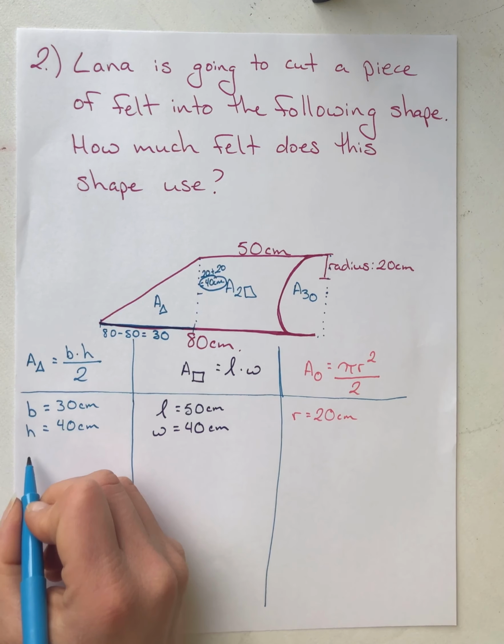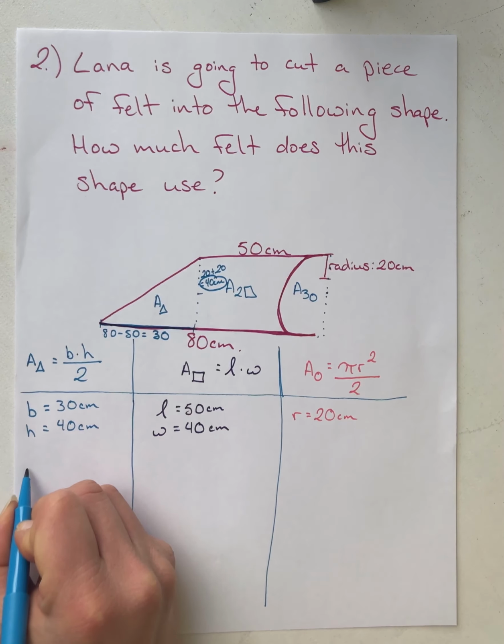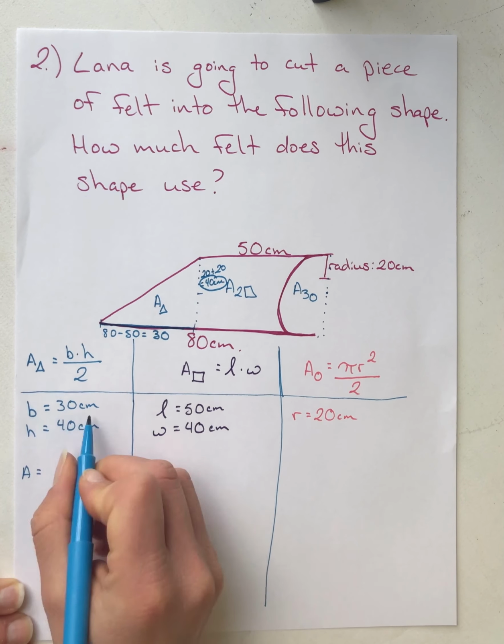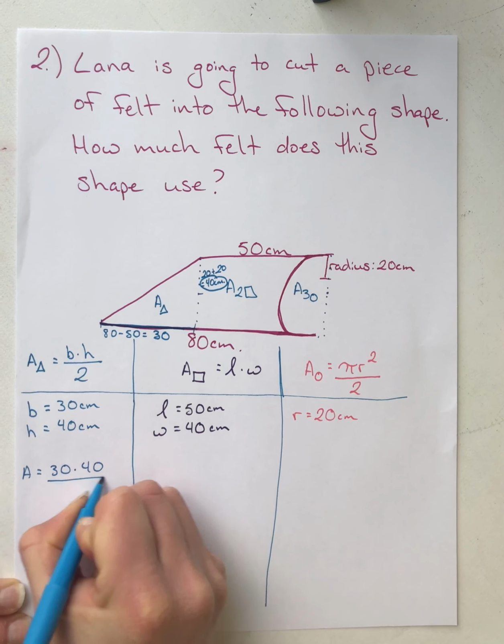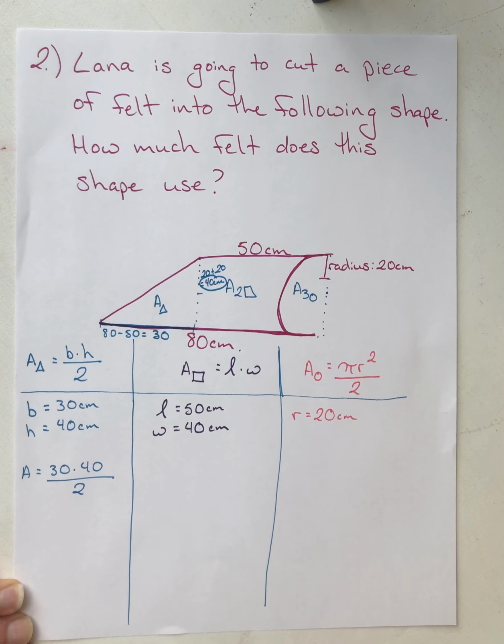So what I can now do is take my information and plug it in. So for here, my area is equal to my base, so my 30 times my 40 divided by 2.